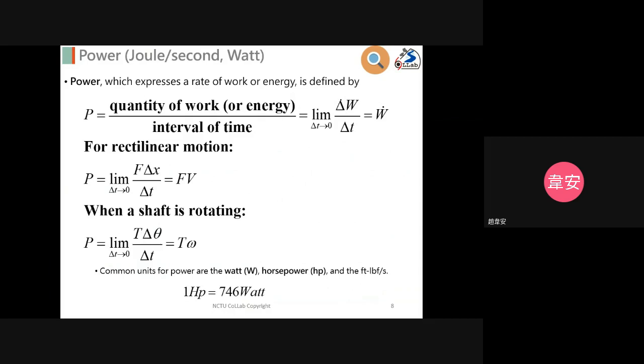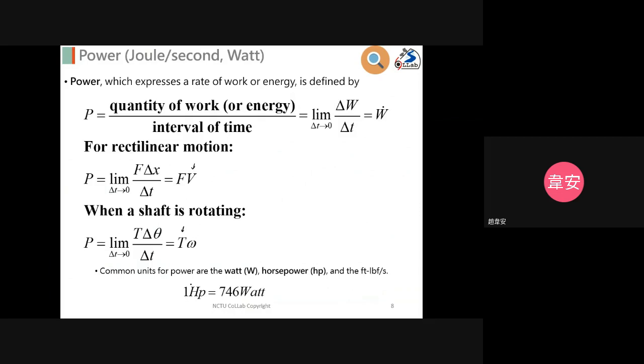Once we compute the energy or the work and divide by a certain time interval, we have the power. Usually we use the name rate of work. The power can be directly computed by the force multiplied by the moving velocity. And if our problem includes rotating motion, the power is equal to the moment multiplied by the angular speed.